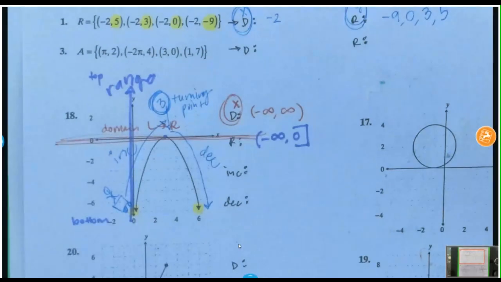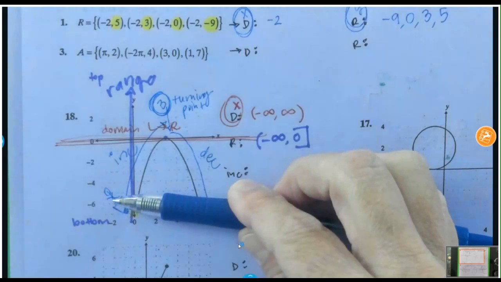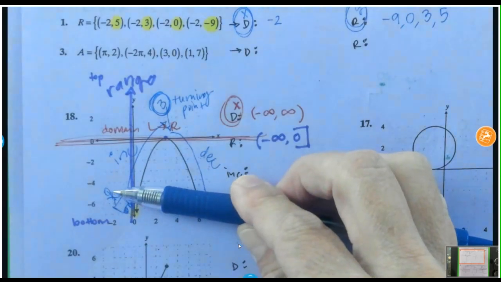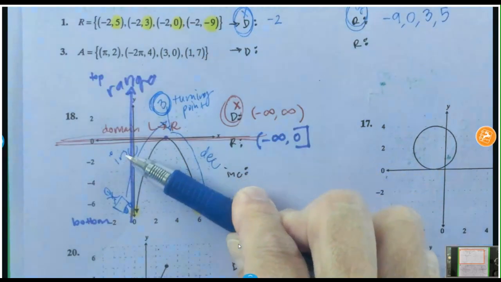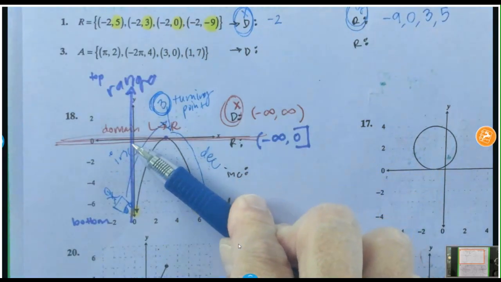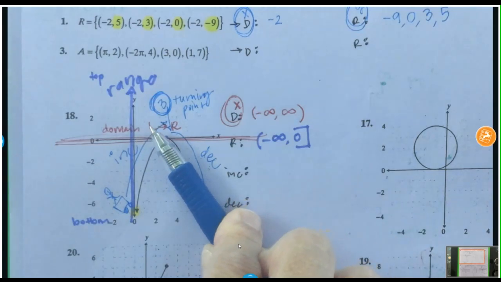Now, think about a roller coaster, okay? Think about the sounds that a roller coaster would make if it had this shape. So you know what it's going to do. It's going to start going real slow. Click, click, click, click.